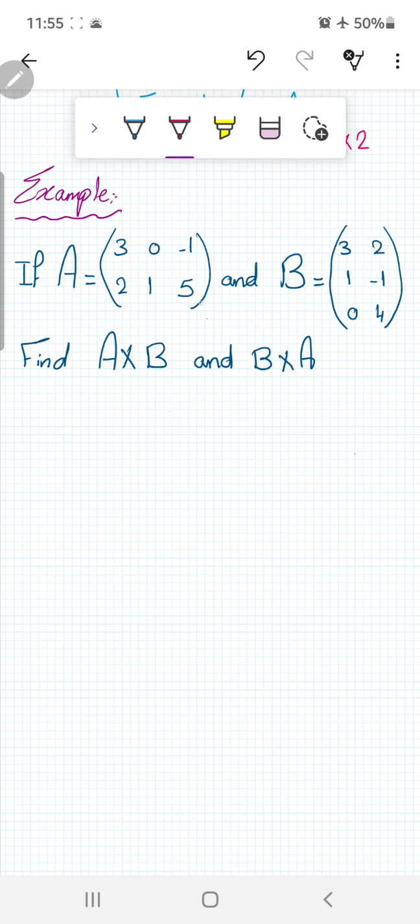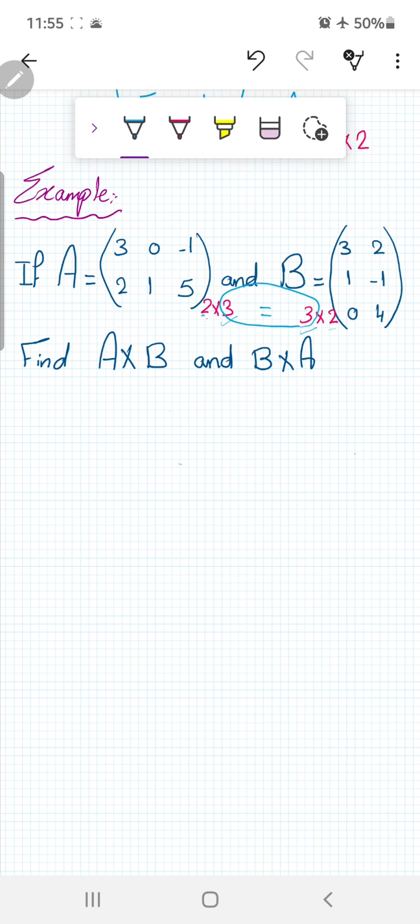Here we have the order is 2 multiplied by 3, and here the order is 3 multiplied by 2. Here we have 3 equals 3. Okay, the number of columns in the first equal the number of rows of the second. So the result of A multiplied by B is a matrix of order 2 times 2. Matrix contains 2 rows and 2 columns.